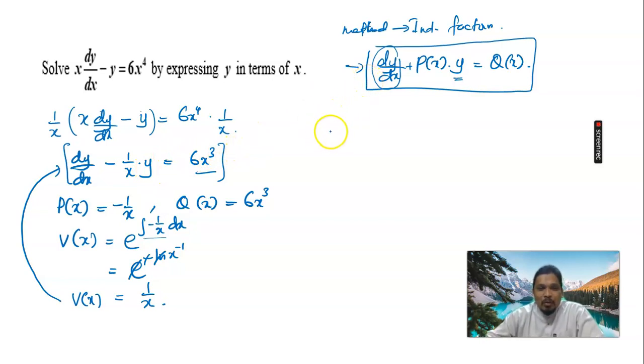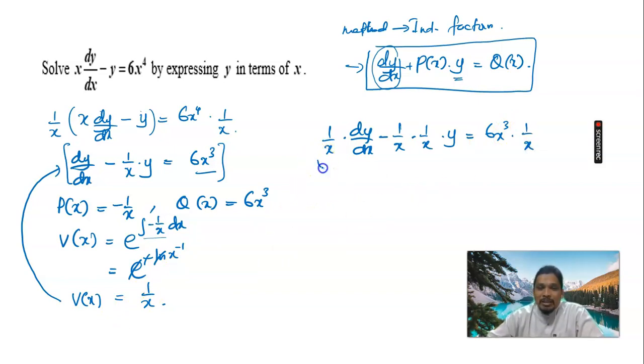So 1 over x dy/dx minus 1 over x multiplied with 1 over x times y equal to 6x cubed multiplied with v(x), which is 1 over x.